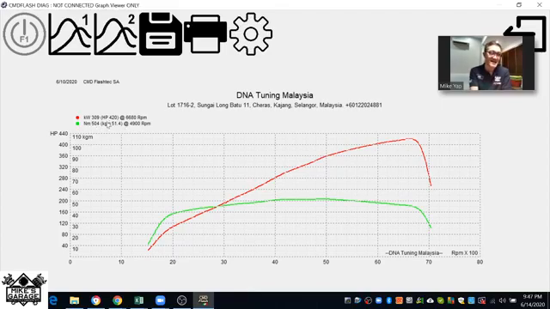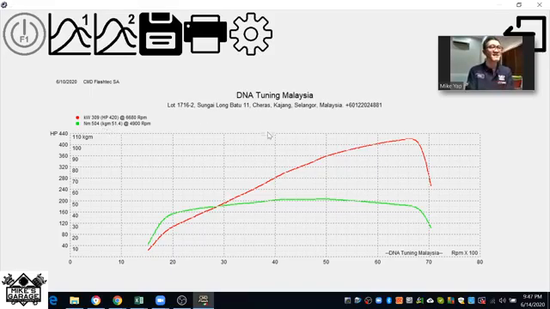I suspect we gain about 10 to 20 horses more easily at the engine when we use a lower gear, because the loads are not as high. If the load is higher, I would suspect we would be doing about 400 horsepower, and the torque would be approximately 490 to 500, maybe 504 Newton meters of torque.